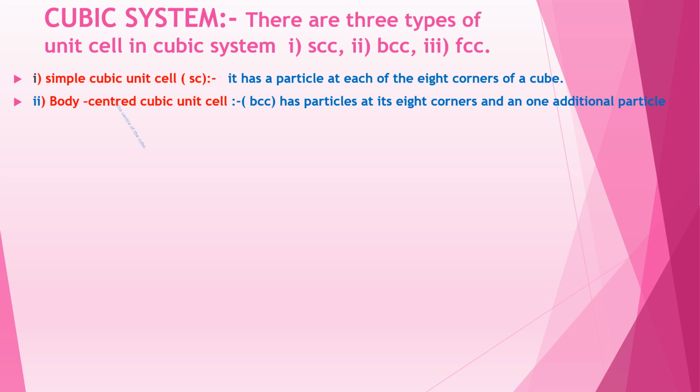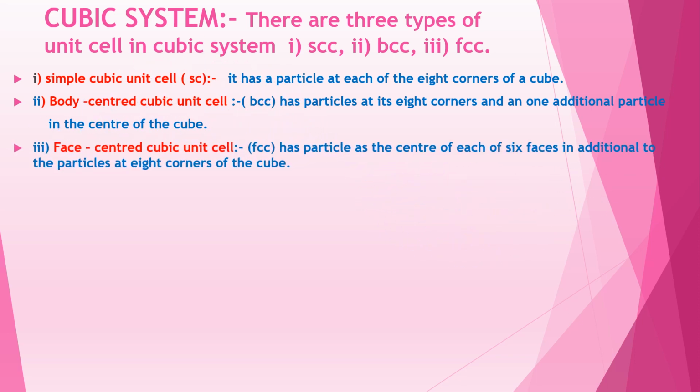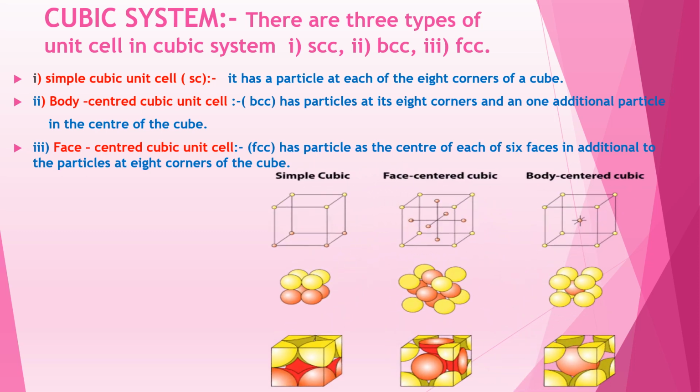Total number of 2 atoms. Then next one, face-centered cubic unit cell: the faces have half particles and all the 8 corners have 1 particle each. Total number of 4 particles are present in the FCC. Now observe the simple cubic, face-centered cubic and body-centered cubic unit cells in the diagram.